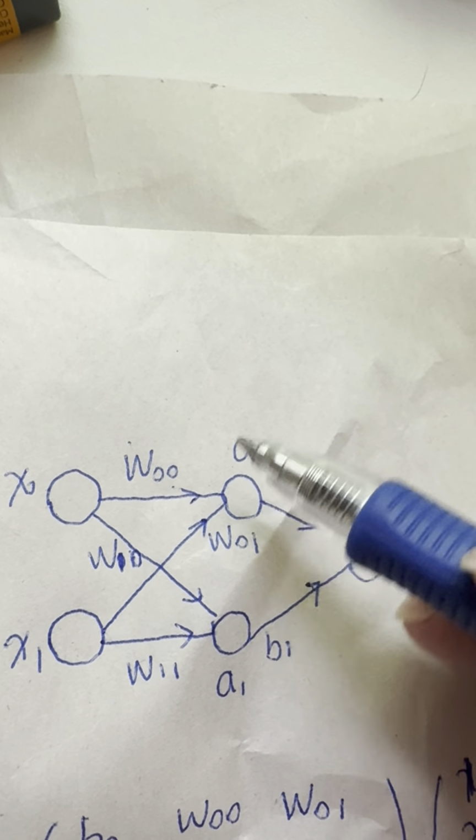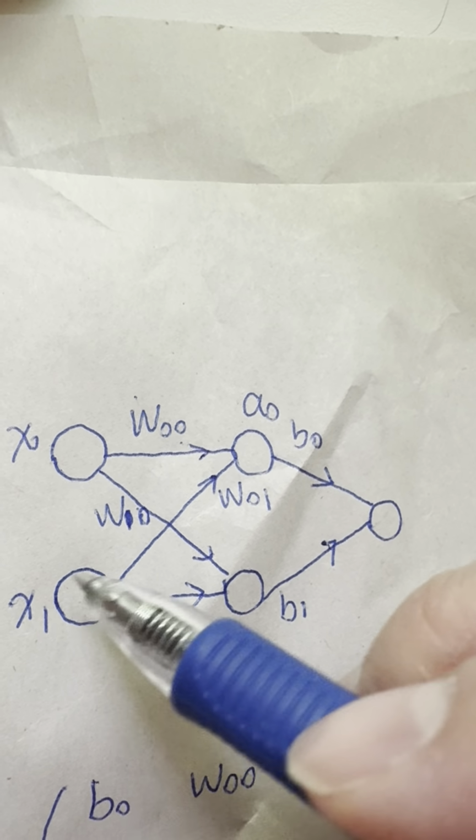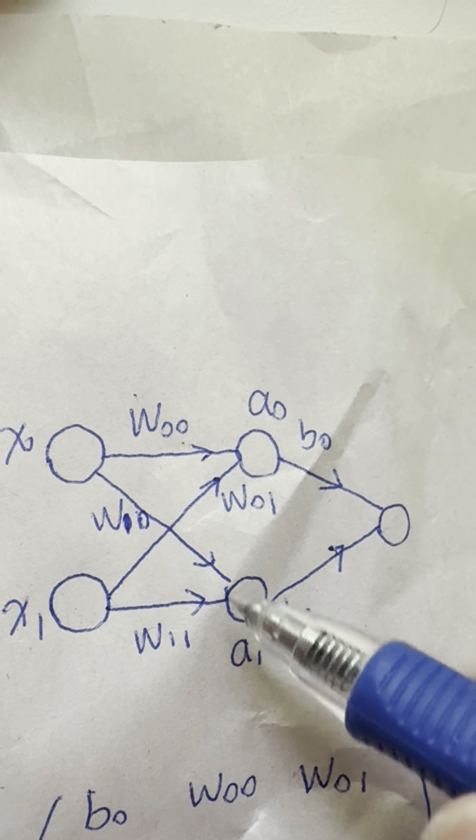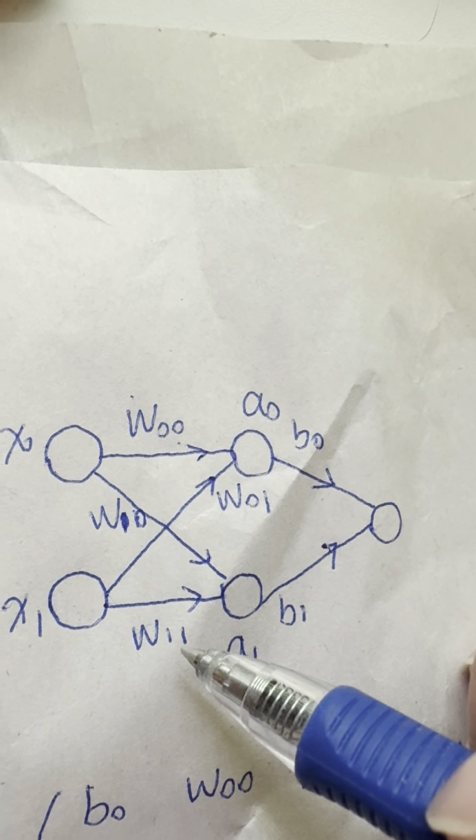And this one going from 0 of the input layer to 1 of the hidden layer is W10. And this one goes from 1 of the input layer to 1 of the hidden layer, so it's W11. So the first index is the destination, the second index is the source.